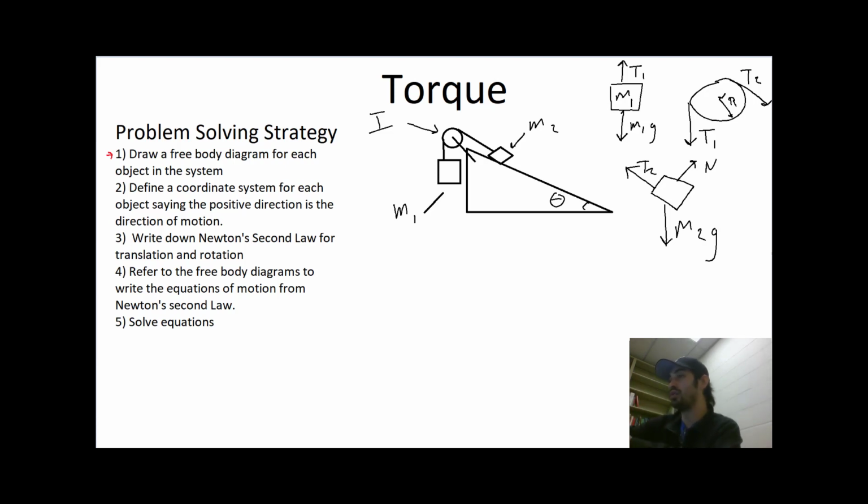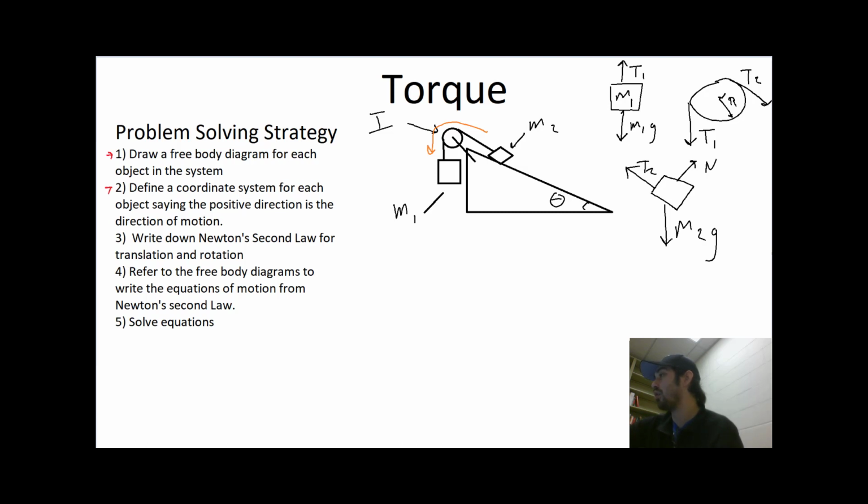The next thing we need to do is define a coordinate system for each of the objects in the direction that object is going to move. Let's assume that M1 is sufficiently large so that everything's going to be moving in this direction. So let's draw our individual coordinate systems.